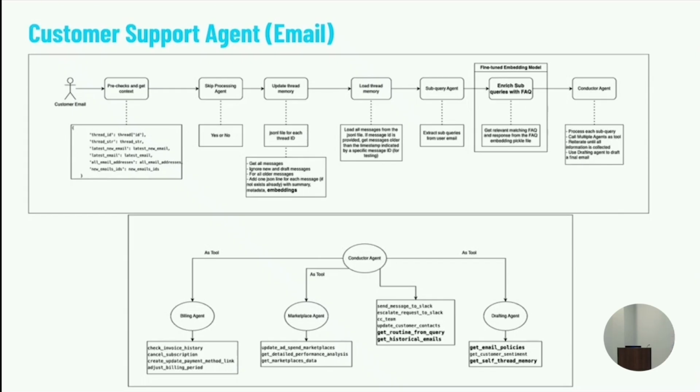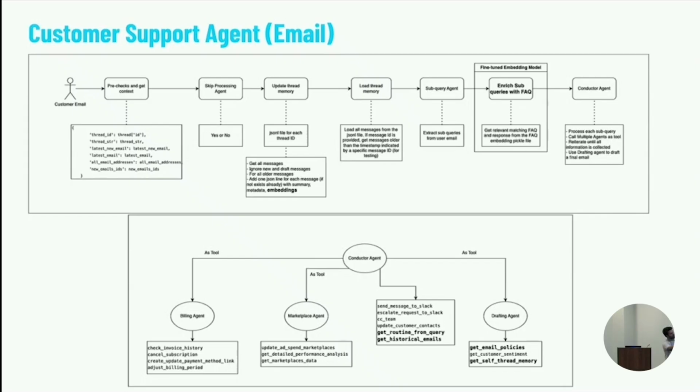What I did was fine-tune an embedding model with class representation, and I connected each FAQ to a type of customer question or behavior. Now for each subquery, it extracts the relevant FAQ directly, and then the conductor agent can decide whether to reply directly to the subquery or to use the FAQ to do certain actions that it cannot do without that knowledge.